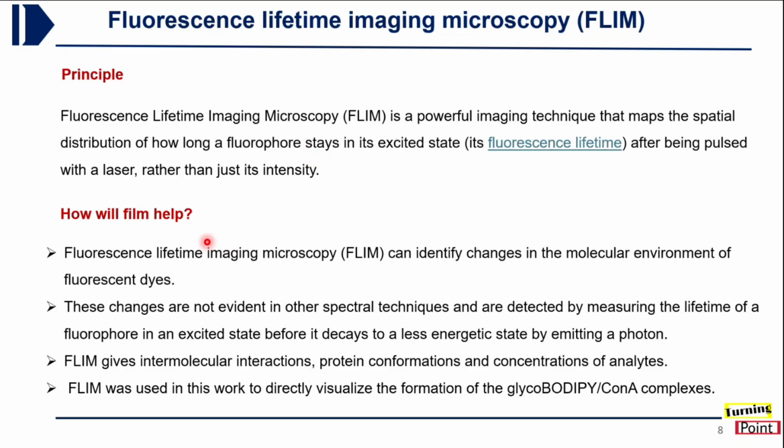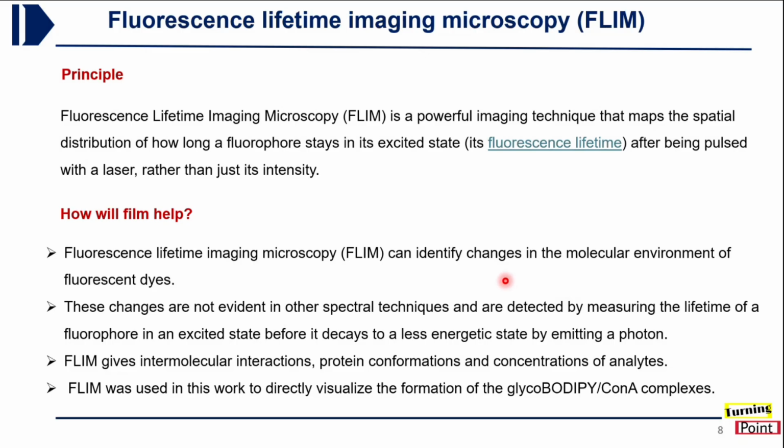Now how does it help? Fluorescence lifetime imaging microscopy can identify changes in the molecular environment of the fluorescent dyes. If there is some change, like when we add ConA, the molecular environment changes, so we can confirm it. Changes that are not evident in other spectral techniques are detected by measuring the lifetime.